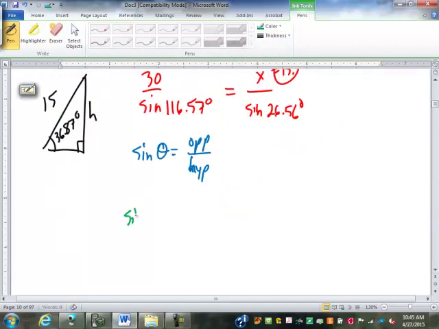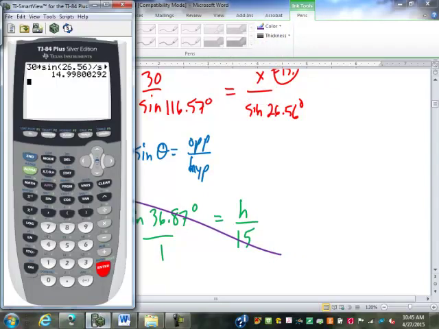We know the angle, so I'm going to put sine of 36.87 degrees equals h, the opposite side, that's what we're looking for, over the hypotenuse, 15. Cross multiply and divide. Sine of 36.87 times 15 gives 9 feet.